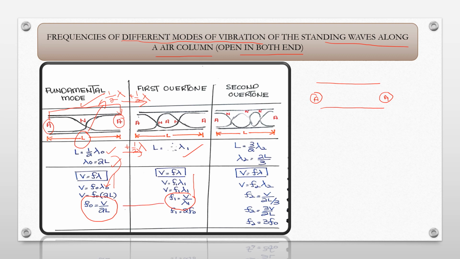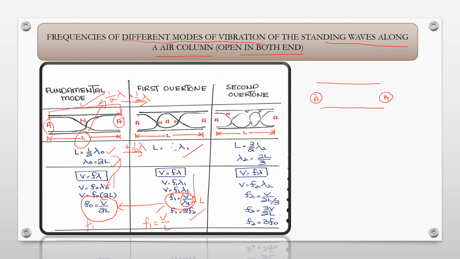When you compare this with f0, v over lambda 1, this one must be lambda 1 is L, so there's a mistake here. f1 equals v over L. So when you compare this, you will realize that f1 is 2f0. f1 is v over L, f0 is v over 2L.